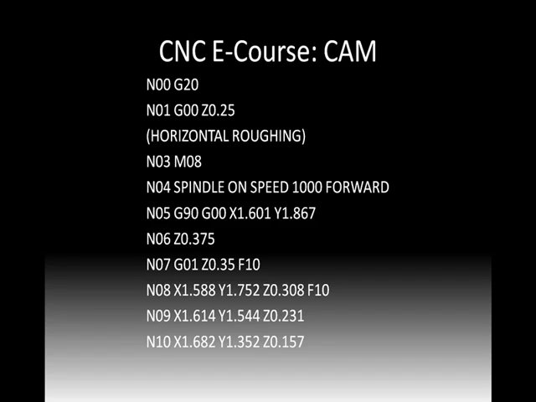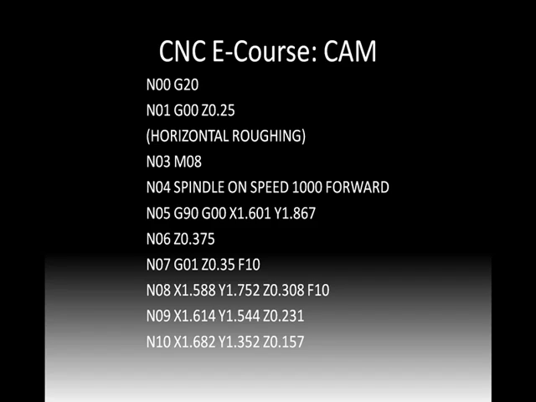So the first movement on line N01, it's telling it to move in the positive Z direction. So it moves up 1/4 of an inch there. You go down a few more lines, it turns on the spindle of the milling machine, and it turns it on in a forward direction, and it turns it on at 1,000 RPM.